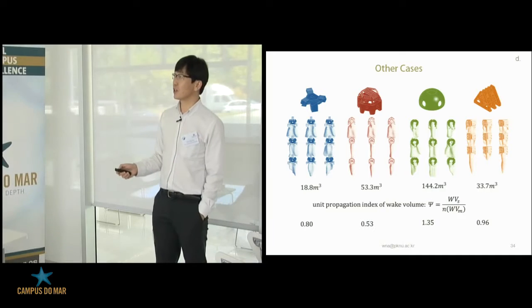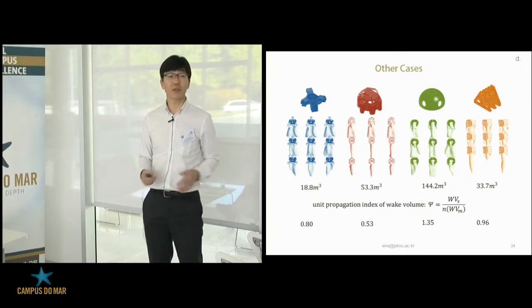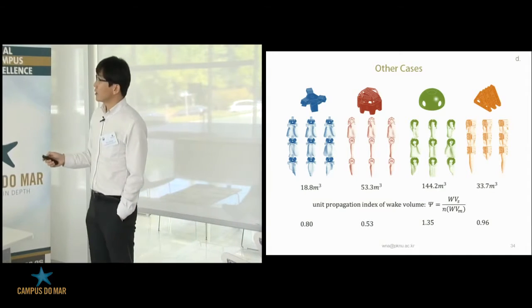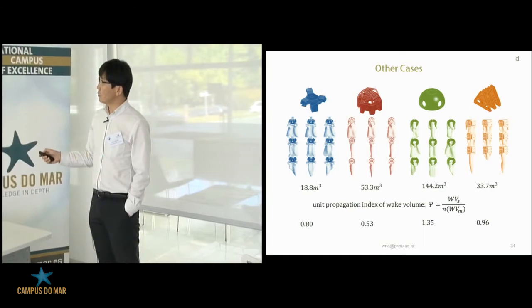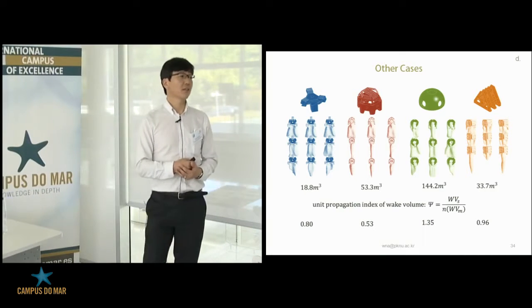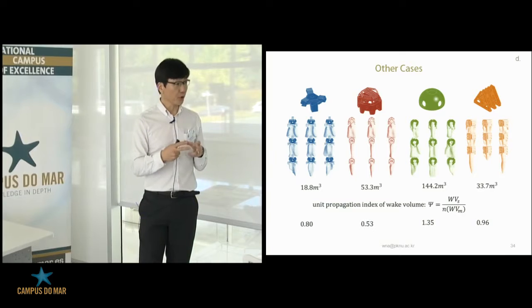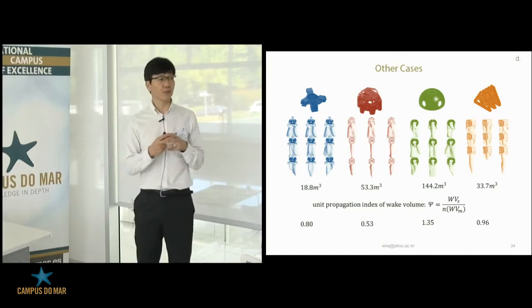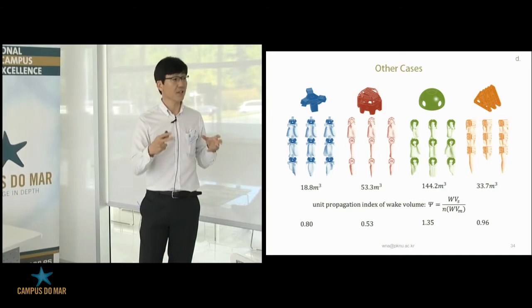And then the other 4 cases, we investigated, and then we made some index. This one is called the unit propagation index of wake volume. Even though wake volume is very large, here WVM is the wake volume of a single module. And WVS is the wake volume of the set.